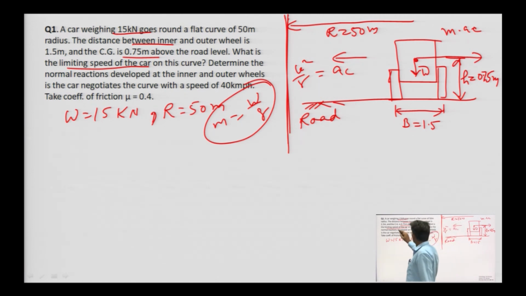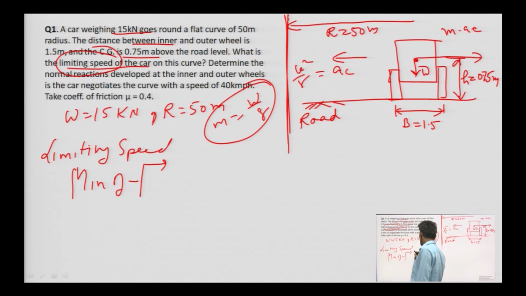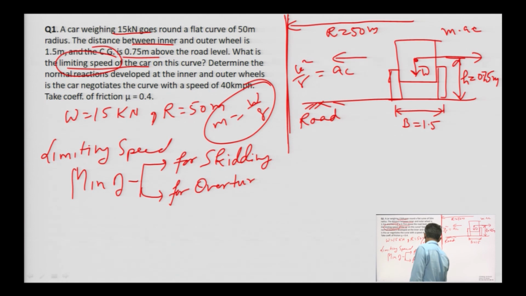What is the limiting speed? The limiting speed will be the minimum of the speed required for skidding and the speed required for overturning about the outer wheel.